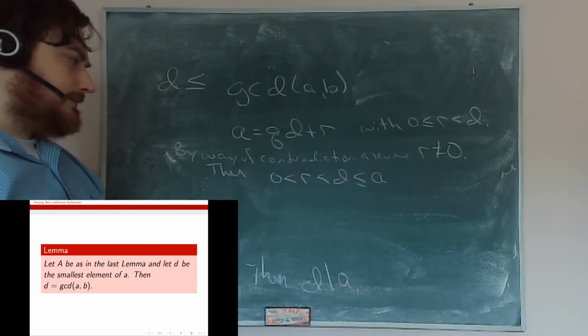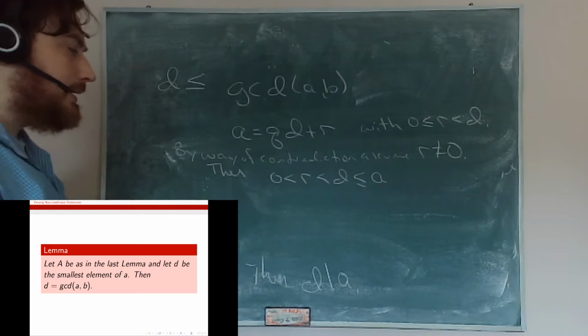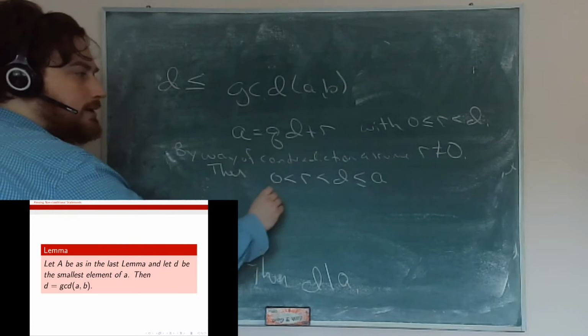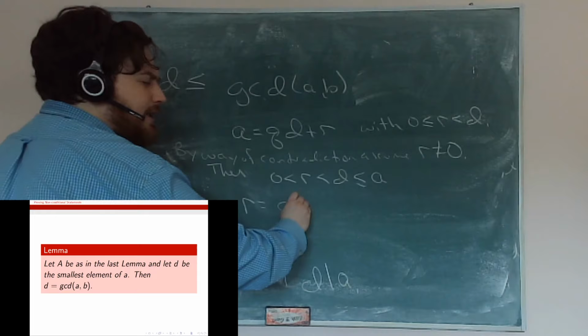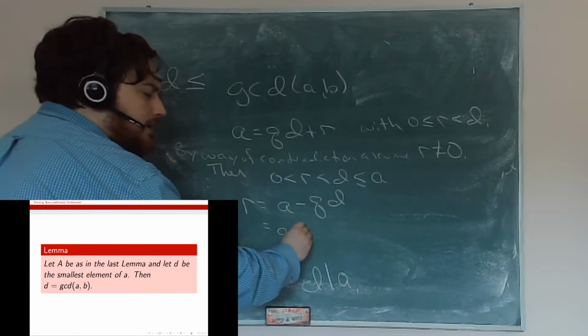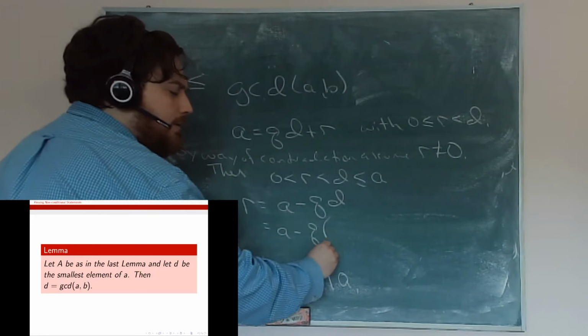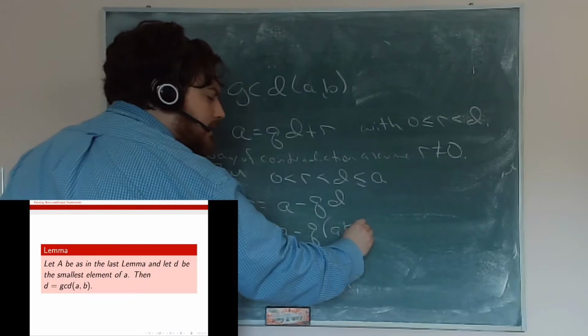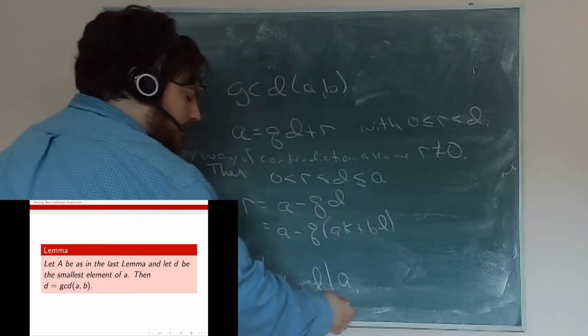All right. What in the world? How does that help us? Well, if we actually look at this, we get R is equal to A minus Q times D. But D was in that set A, so it can be written as A times some integer plus B times some integer.